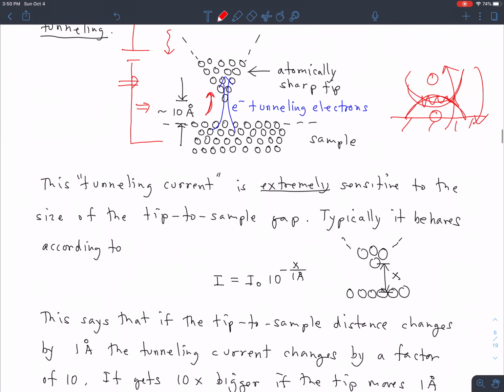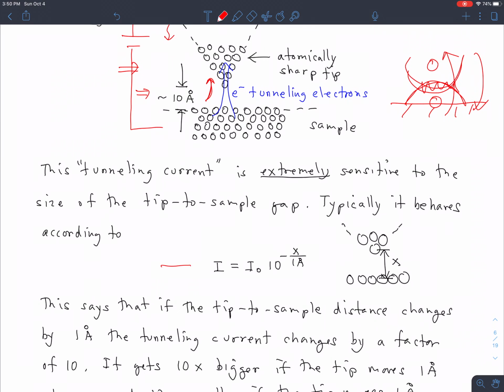And it turns out that that current is extremely sensitive to how close the tip is to the sample. So under usual conditions, the current that you see flowing between the tip and the sample, current's a macroscopically measurable quantity after all, so your instrument is measuring the size of this current, and it turns out that that current depends on some constant, some initial current, times the distance between the sample and the tip, x, divided by, in units of angstroms.